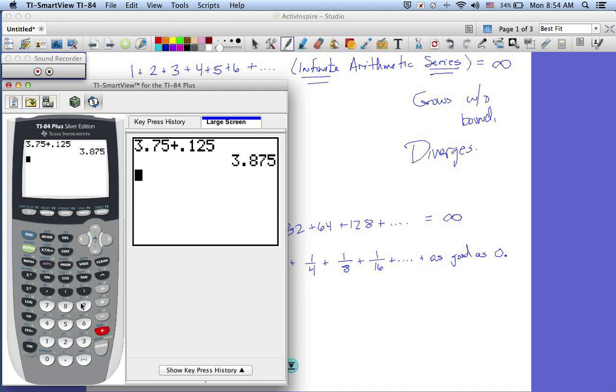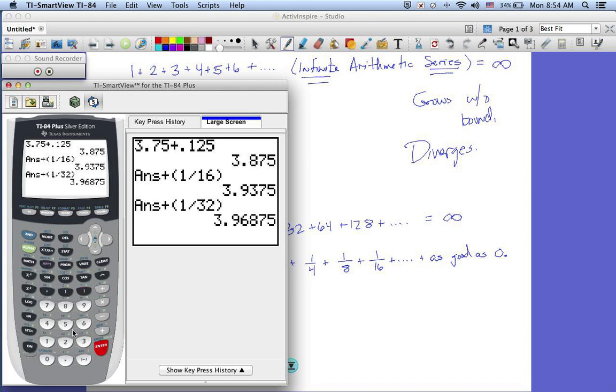Now we're going to add a 16th. That's the next term, 1 over 16. Now I'm going to add a 32nd. An extra decimal. And the next term will be a 64th.